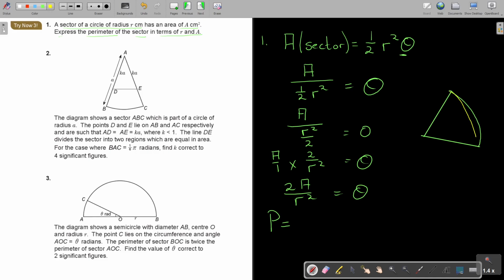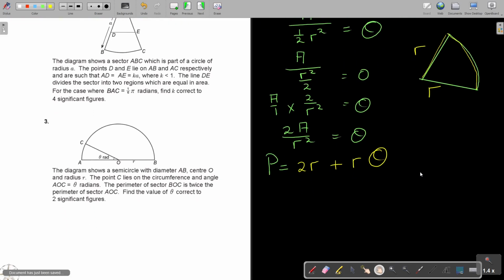Okay, but don't forget the perimeter will also be this plus this. Okay, but let's first find the perimeter, and let's write it nice. Perimeter of the sector. So let's make this r, and I'm finding that one. So it's 2r plus r theta.